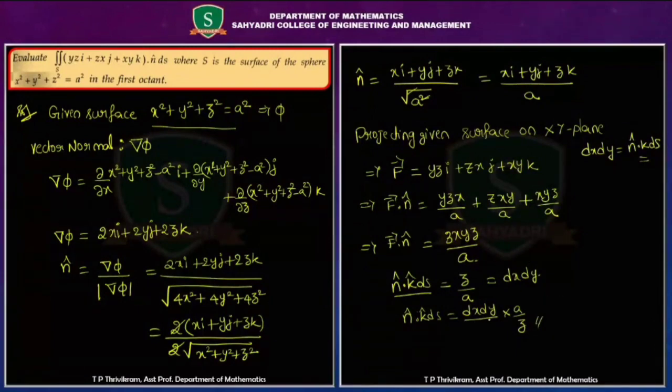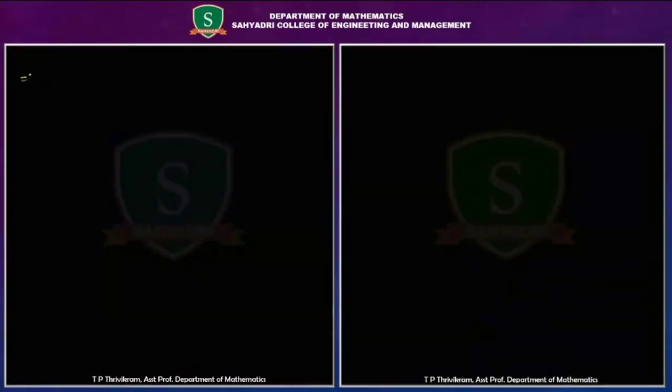Now I will substitute in the place of n cap ds as this much. So the surface integral over S of f dot n cap ds is equal to, f dot n we got it as 3xyz by a, into dx dy divided by z into a.